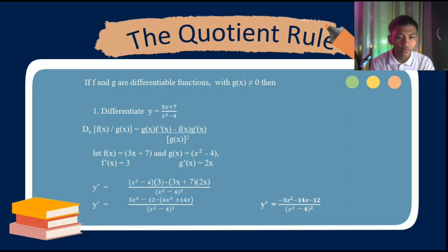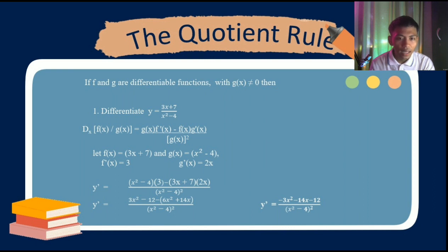The value of g of x is x squared minus 4, and the derivative of f of x is 3, minus f of x, which is 3x plus 7, times the derivative of g of x, which is 2x.